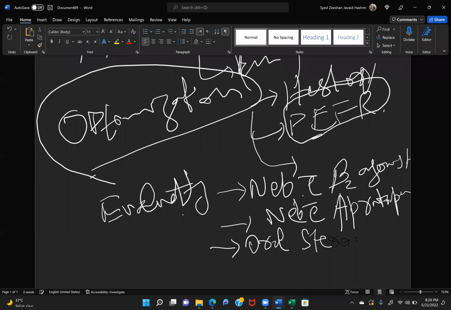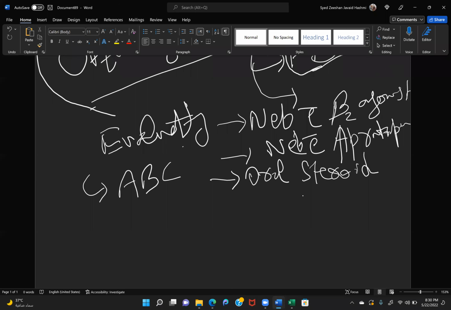Your first approach will be airway, breathing, circulation. Then you will consider oral steroids, nebulization with ipratropium, and nebulization with beta agonist.